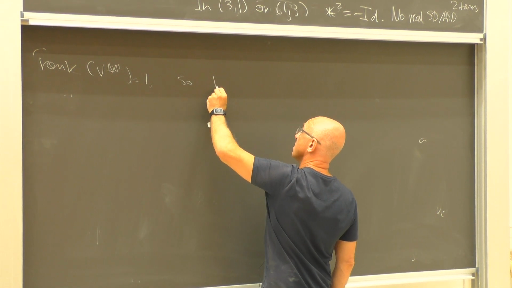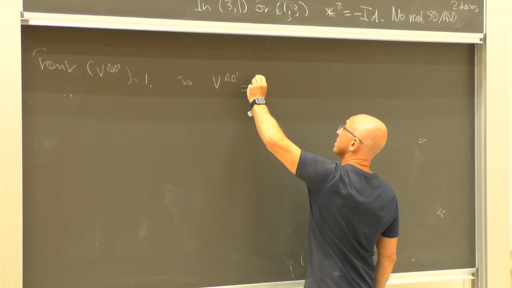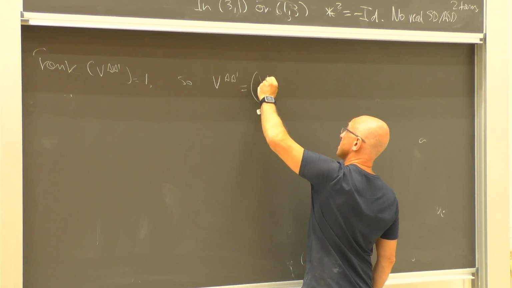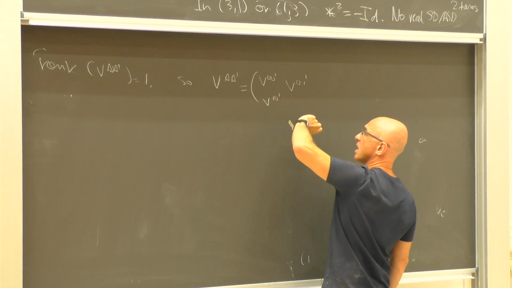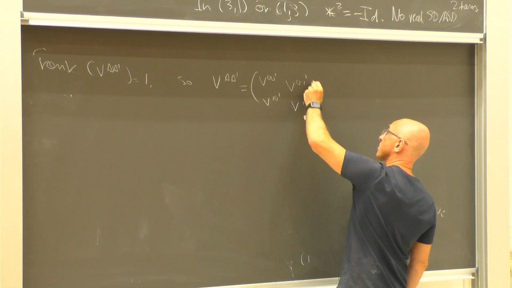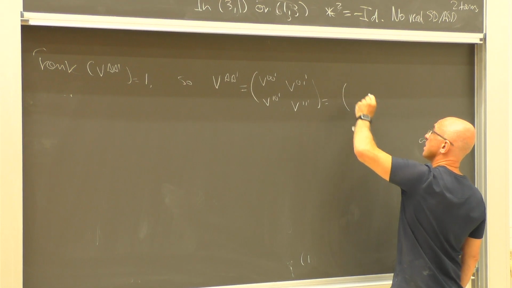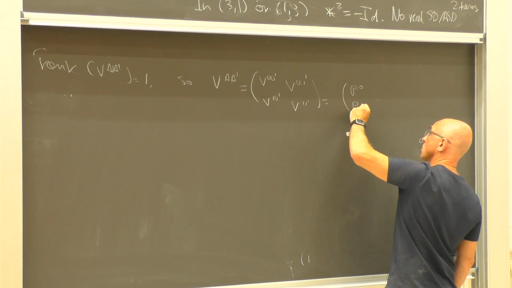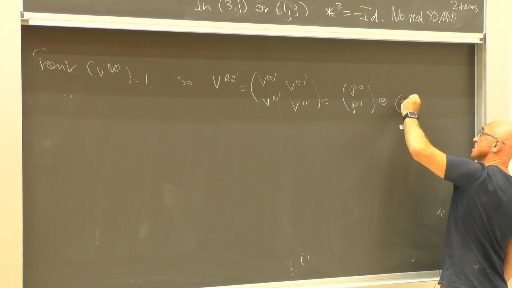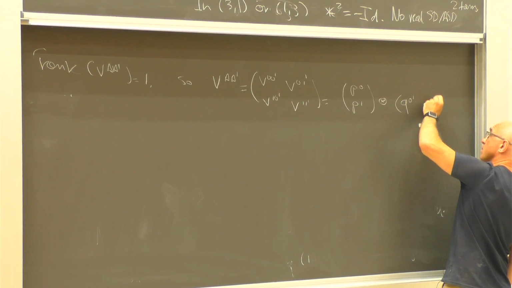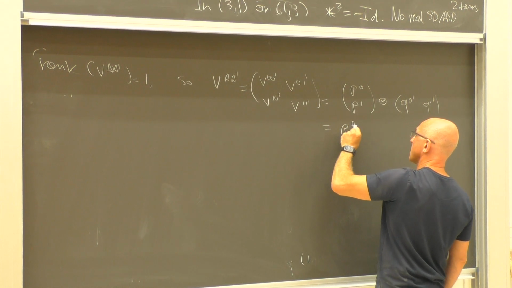So V AA prime, we can write it as, well, what is this V AA prime? It is V00', V01', V10', V11', and it's some P0, P1 times Q0', Q1', and one can write it using indices as P A Q A prime.